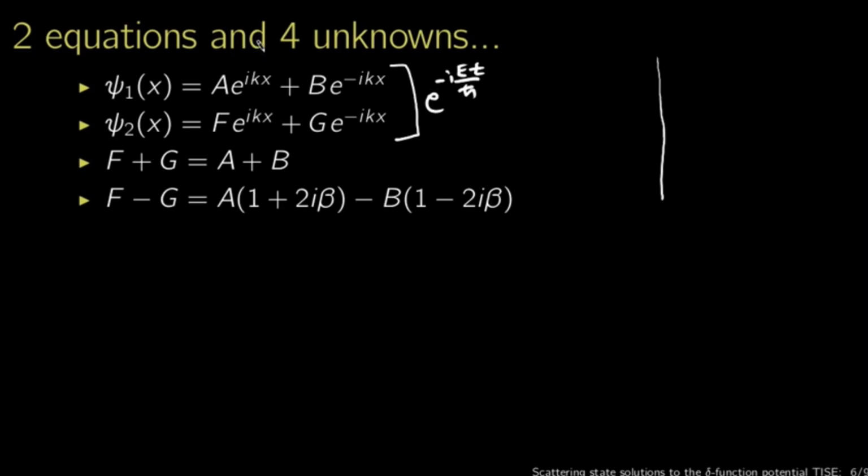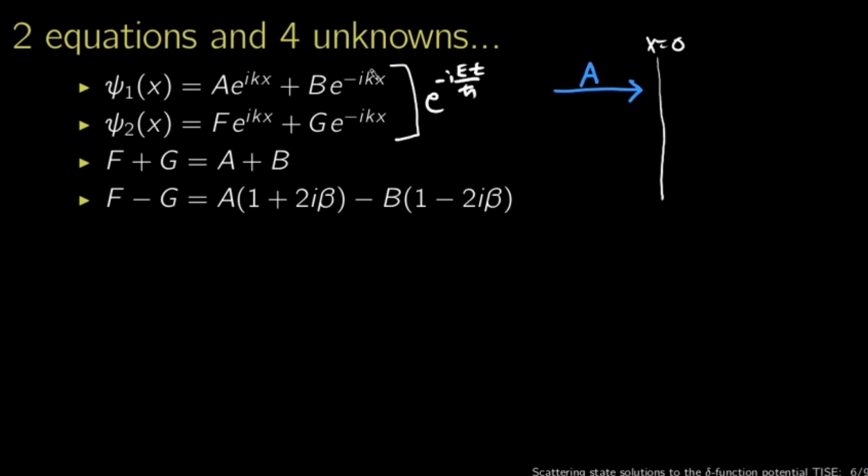So, as in our discussion of traveling waves, the plus ikx here for positive values of k is associated with the wave propagating to the right. So if you think about our boundary here at x equals 0, in the space to the left of the boundary, where we're considering psi 1, we have a wave coming in from the left, whose amplitude is given by a.